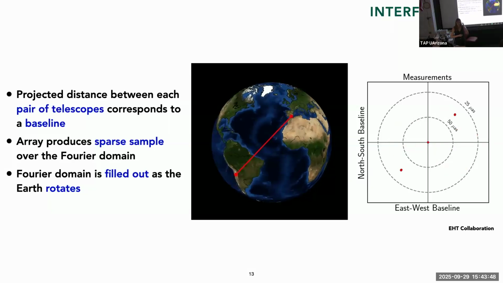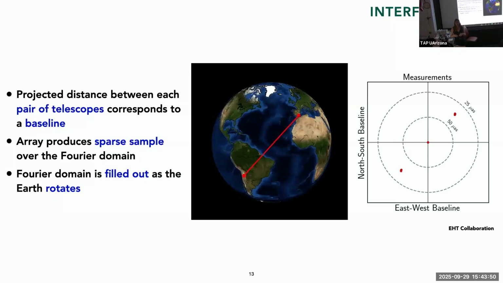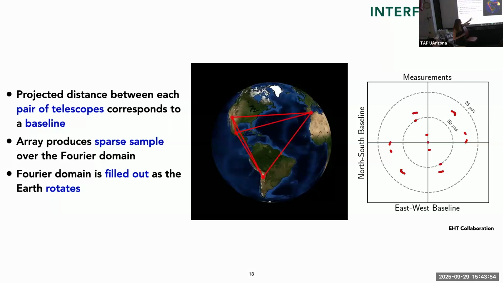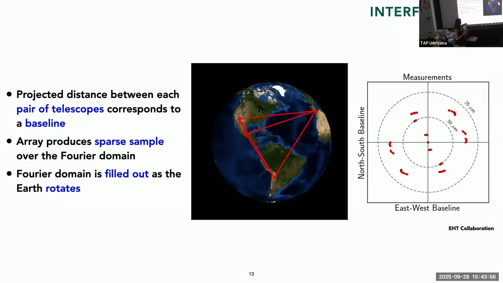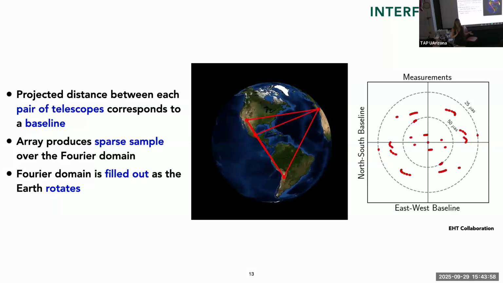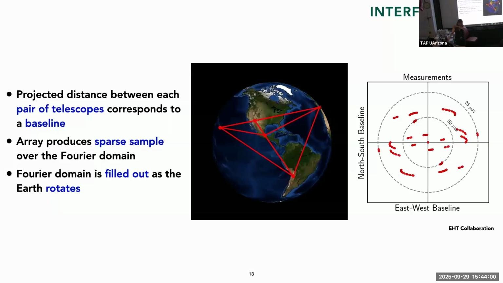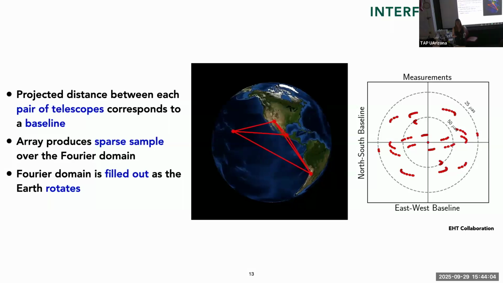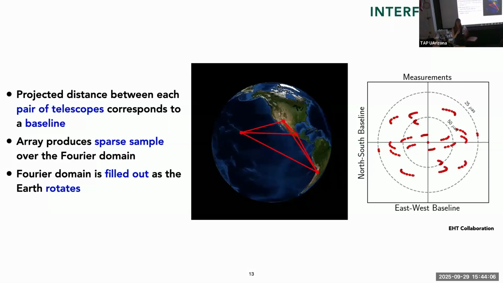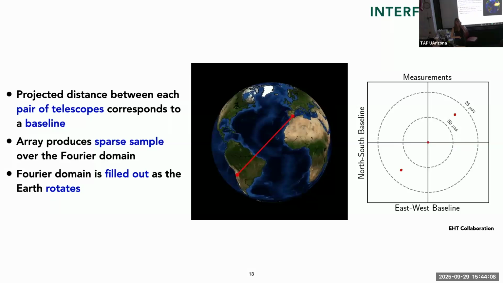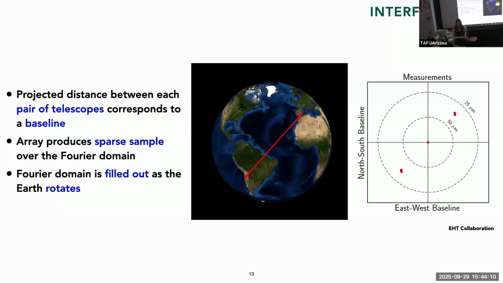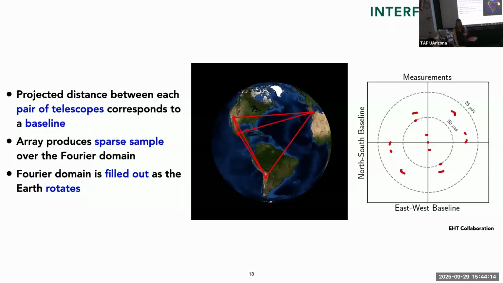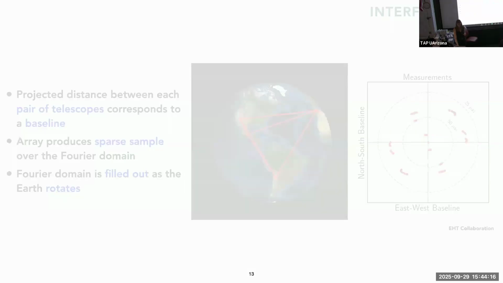Then the array produces a sparse sample of the Fourier domain here on the right side as measurements, and it's filled out as the Earth rotates. So basically we make use of the whole Earth and have a telescope the size of the Earth, which is how we observed the supermassive black holes M87 star and Sagittarius A star.